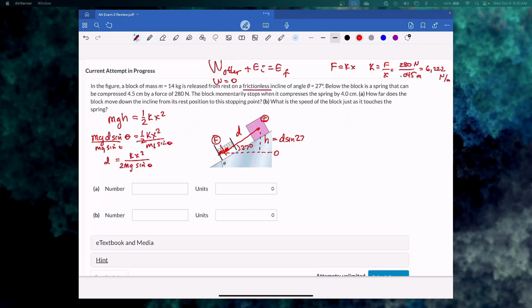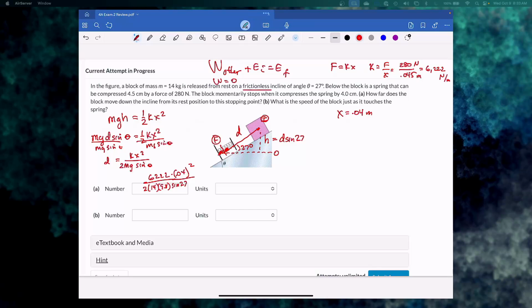So that's 6,222 all over 2 times 14 times 9.8 times the sine of 27 times 0.04 squared. Why did I put in 0.04? Got to convert it into meters.